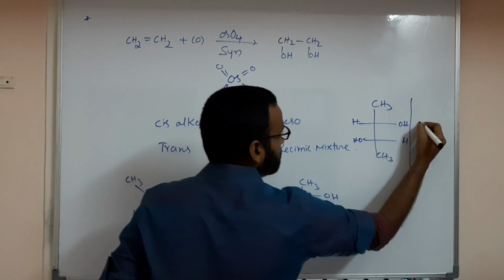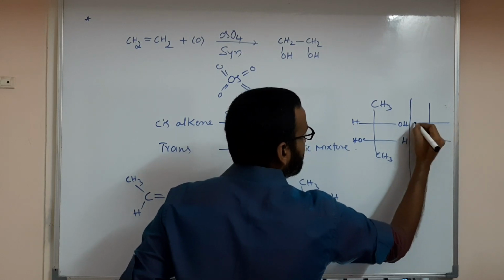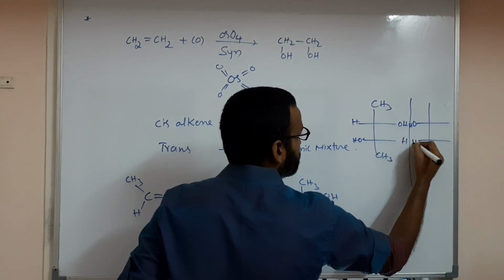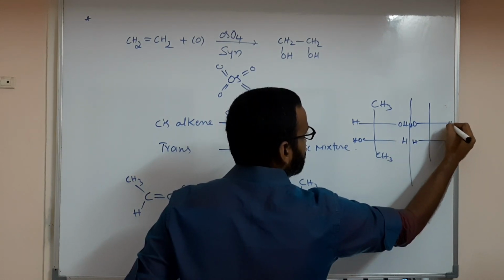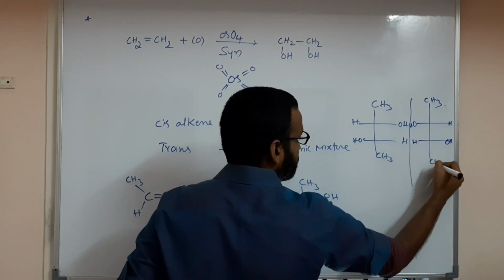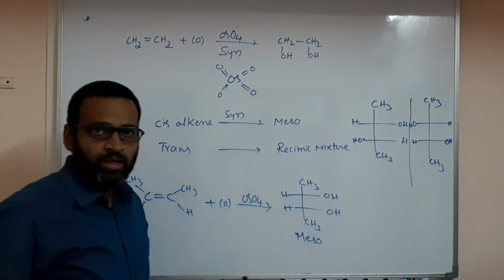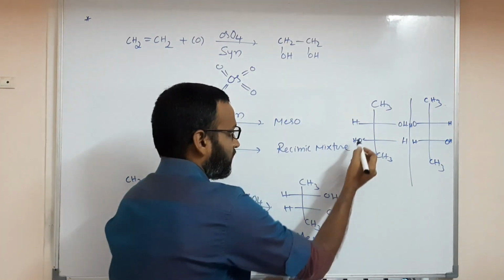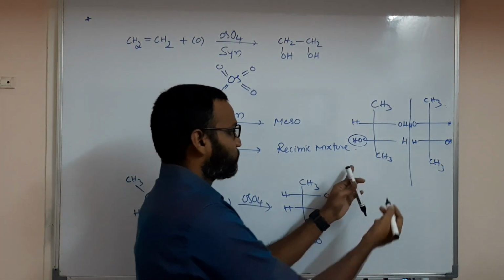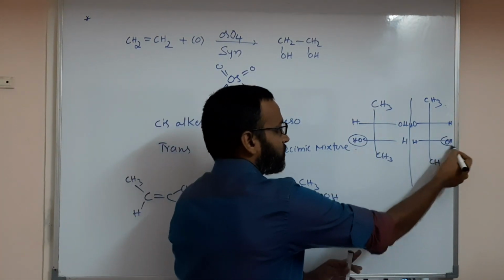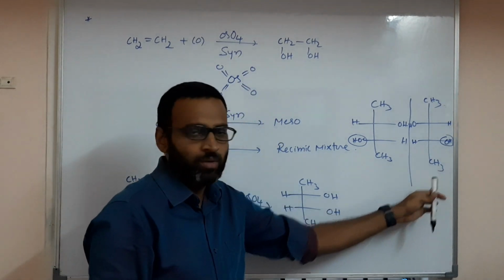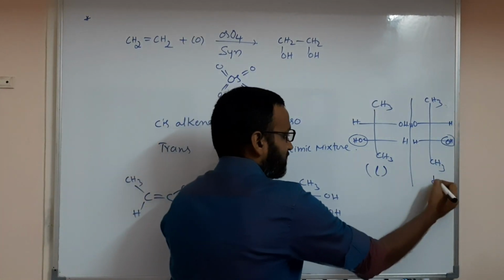Its mirror image is opposite: OH, H, OH, H, CH3 and CH3. These are not meso. In the last symmetrical carbon, the OH on the left side is the L form, and the OH on the right side is the D form.